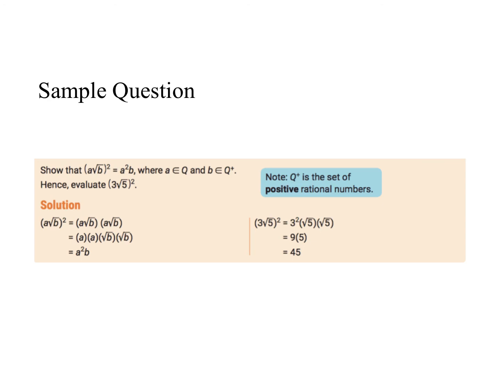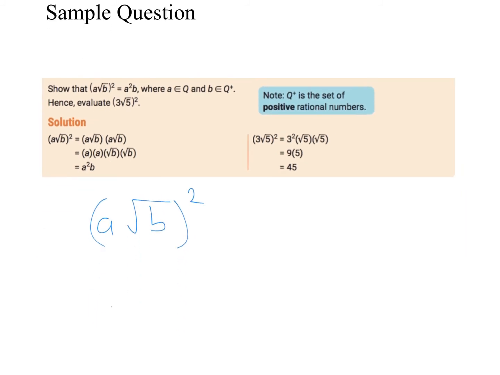Another little type of question here that actually kind of brings in an index law, to be honest, instead of a surd law. But right, if we have two numbers and they're multiplied by each other and we have to square the whole thing, what we can do is square the first number and square the second number separately. This doesn't work if they were added to each other or subtracted from each other, but it does work if they're multiplied by each other.